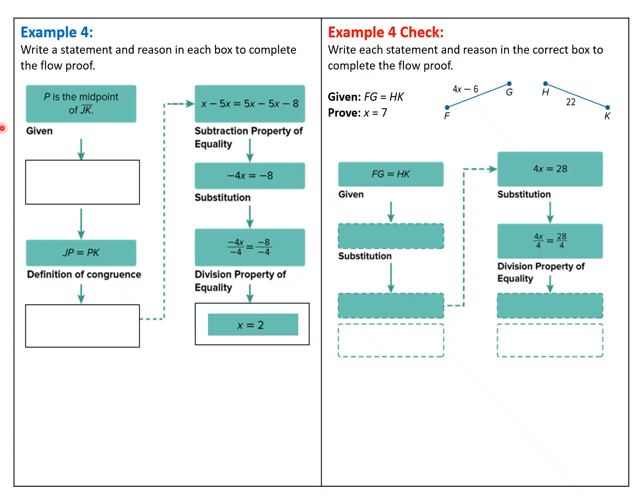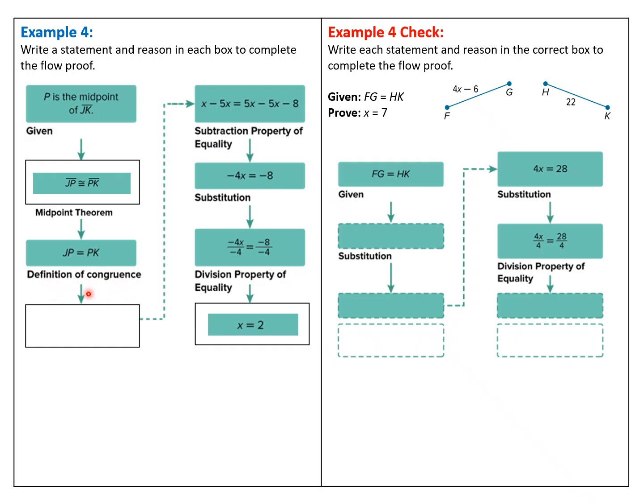How do we go from this given to a statement? Well, what can we say? We can use the midpoint theorem, right? Line segment JP is congruent to line segment PK by the midpoint theorem. Now we can say that JP is equal to PK by the definition of congruence.